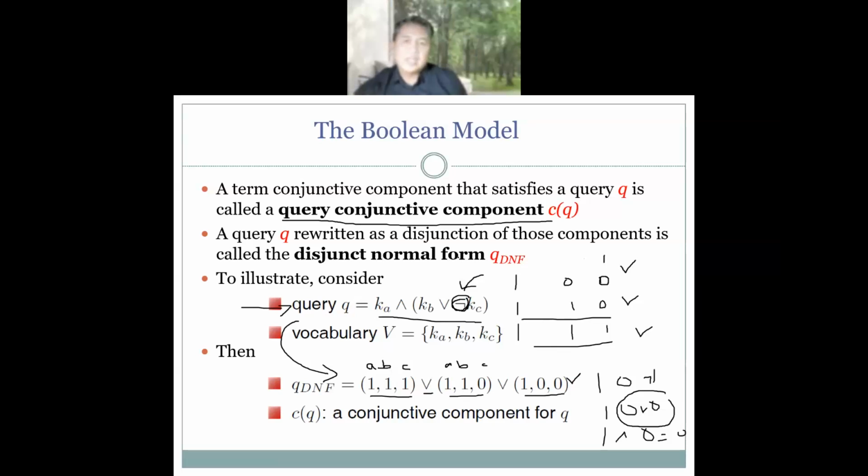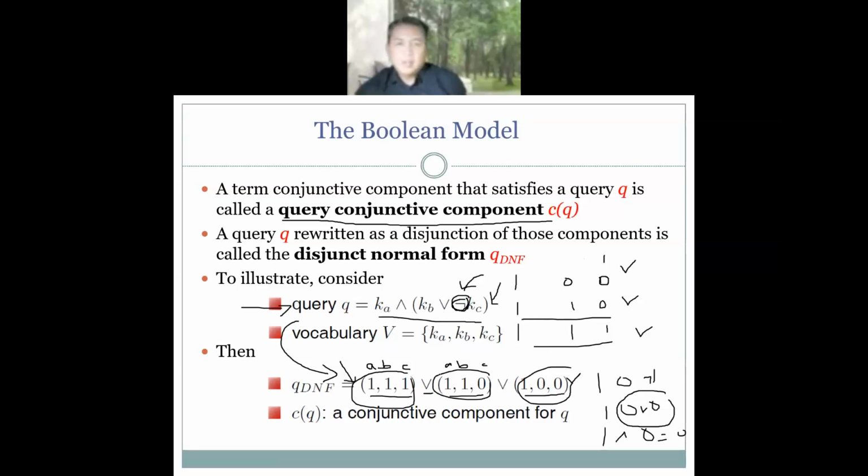But in the disjunction of those components, they give you, okay, you could have this or this or this. So to get this, you need to make all the possible values that make the query become true, all the combination values.